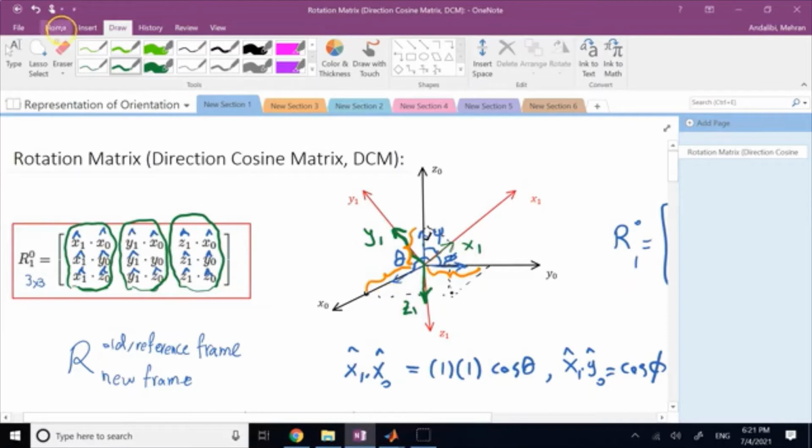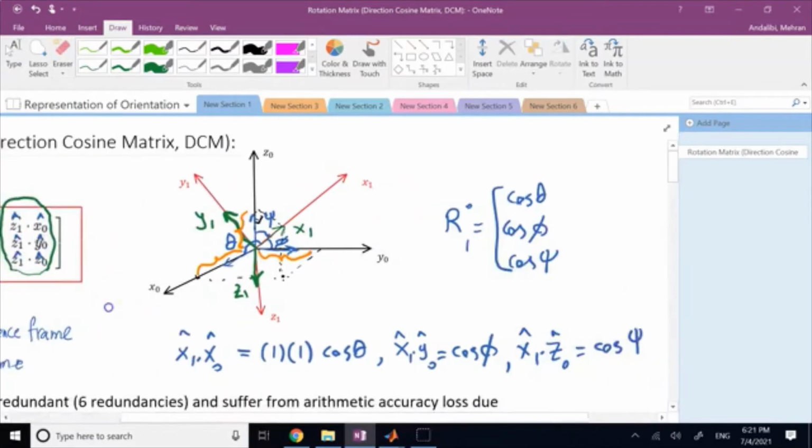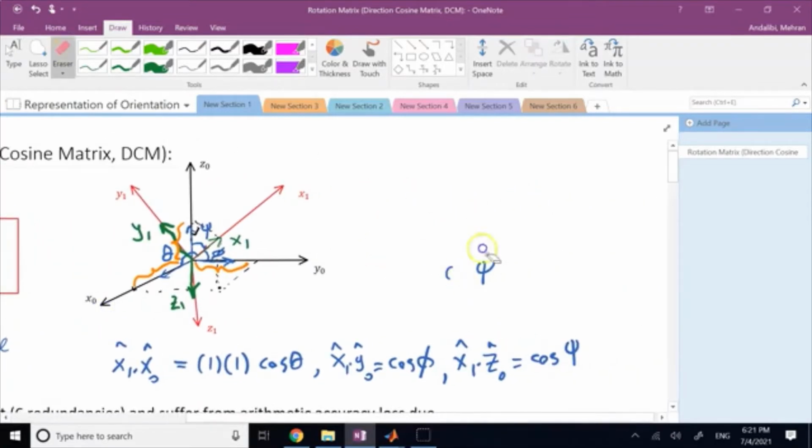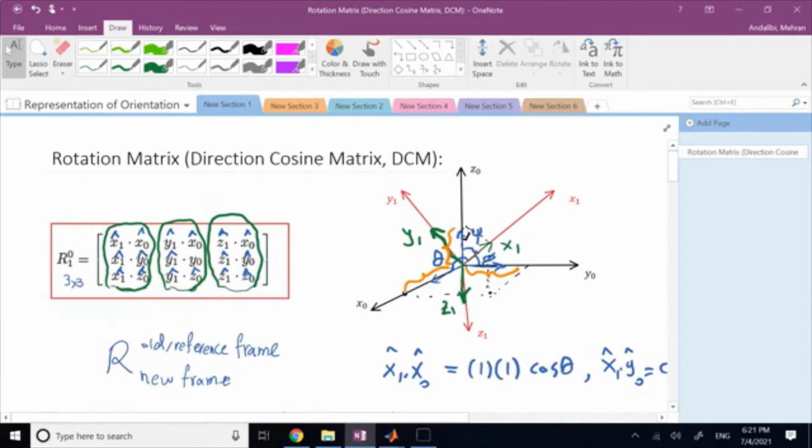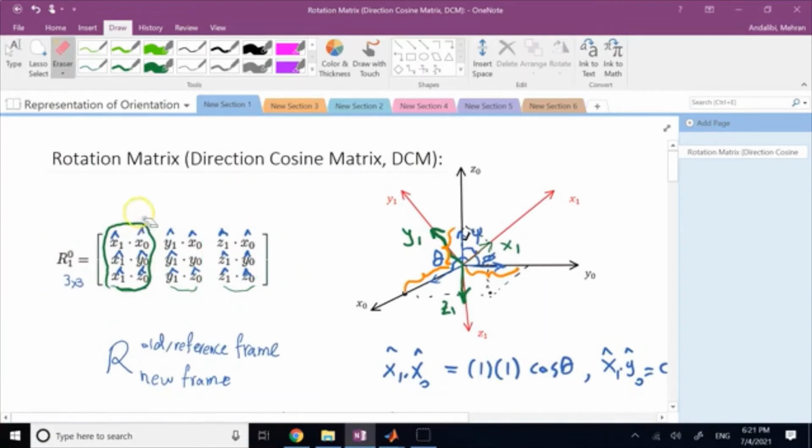Okay, so that's the nice thing about this direction cosine matrix, or the rotation matrix, which is very clear once you have it. Making the orientation clear is not the hardest thing in the world. Okay, it's very easy to understand.